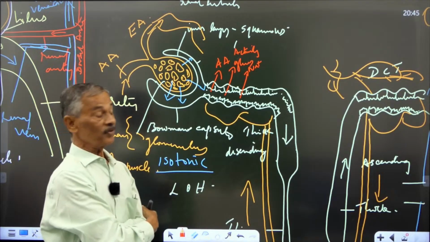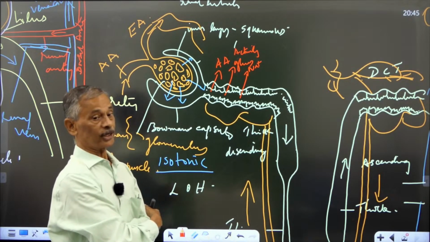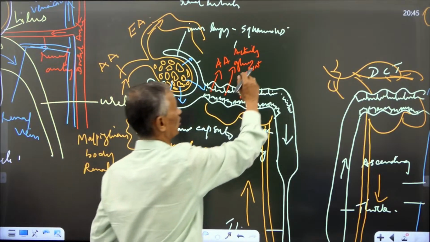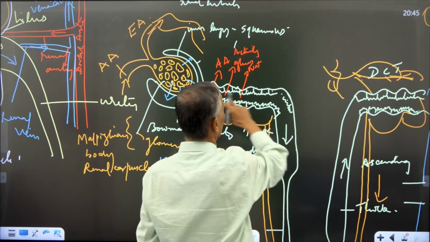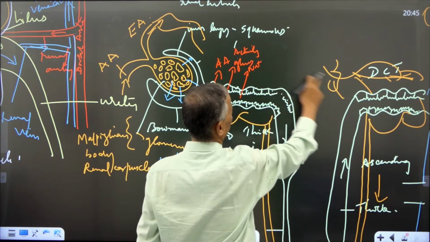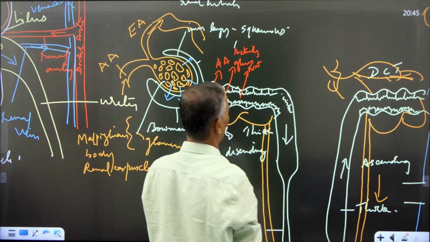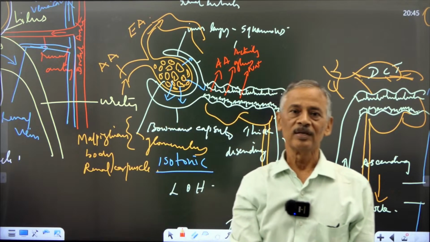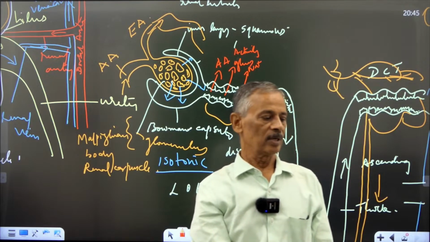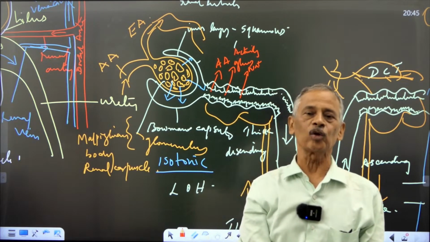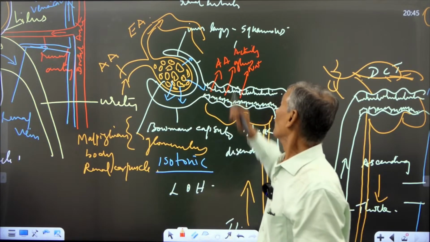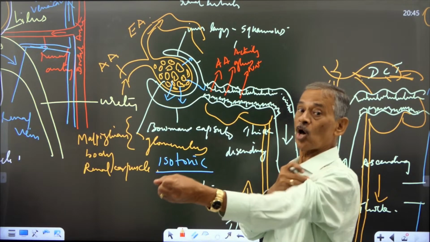Thus, 70 to 80% of the electrolytes from the primary urine are absorbed back into the peritubular capillary. For that, energy is required. Yes, it is actively absorbed. Active absorption is energy requiring. So, complete glucose and complete amino acids are absorbed.